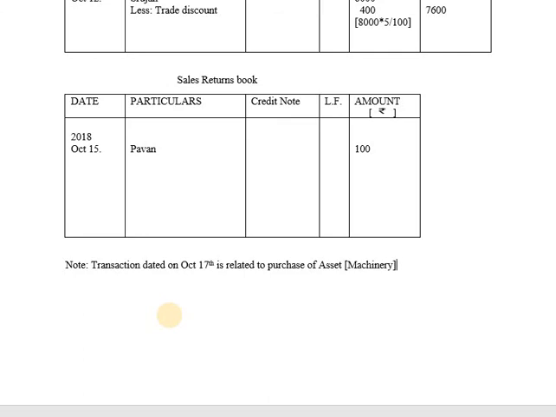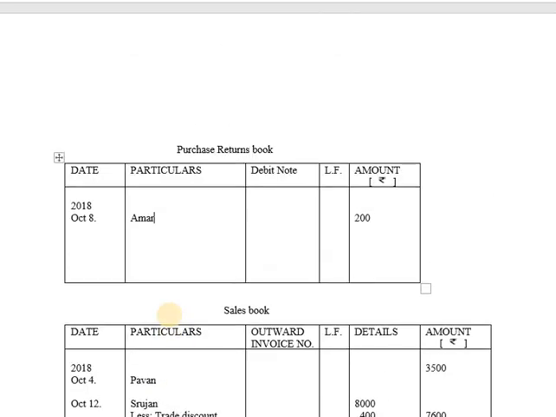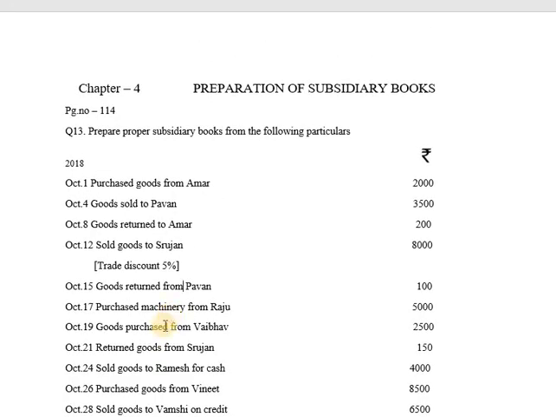So transaction dated on October 17 is related to purchase of asset and is hence not recorded in purchases book.